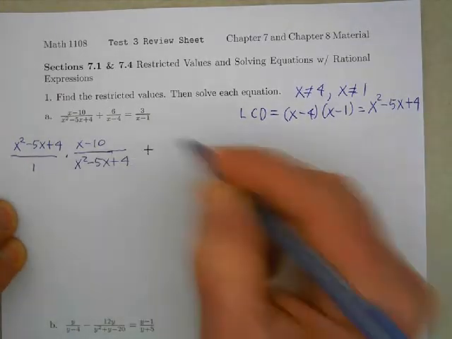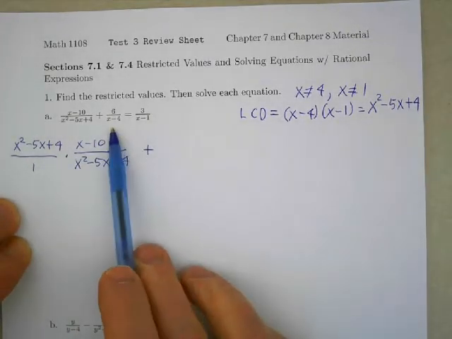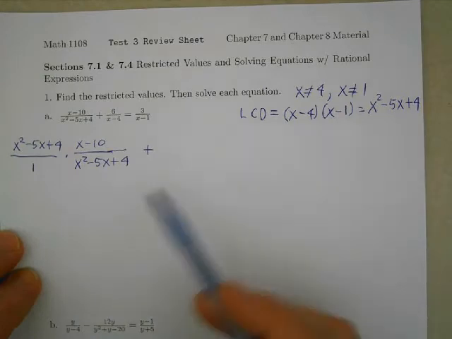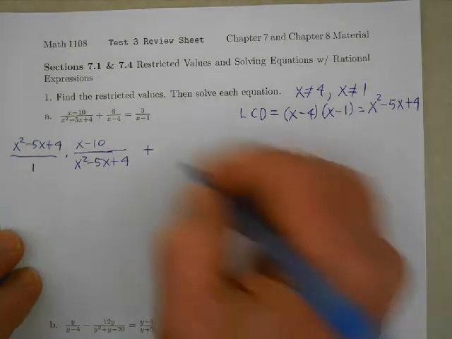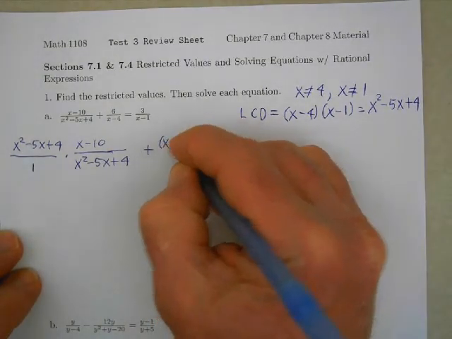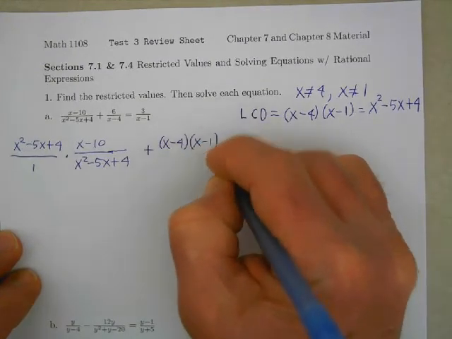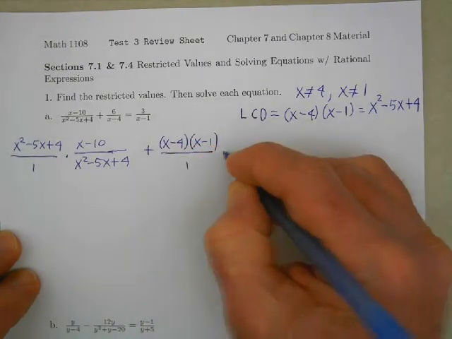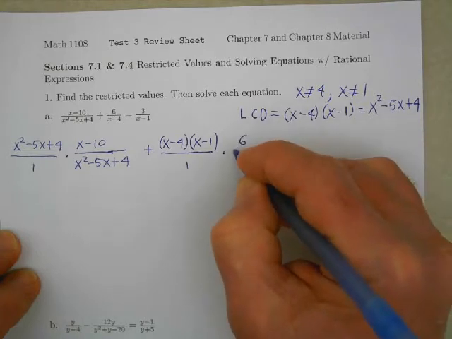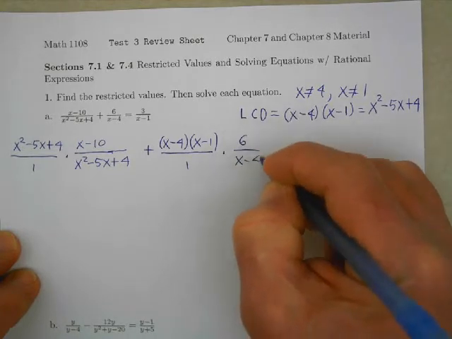And then I'm going to multiply the next term, 6 over x minus 4, by the least common denominator in factored form, the x minus 4 times x minus 1, over 1 times 6 over x minus 4.